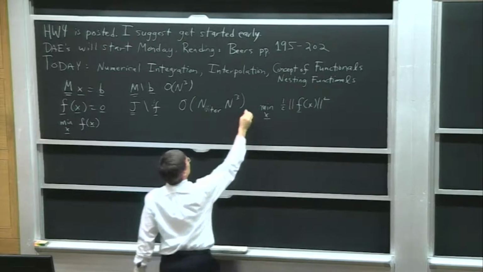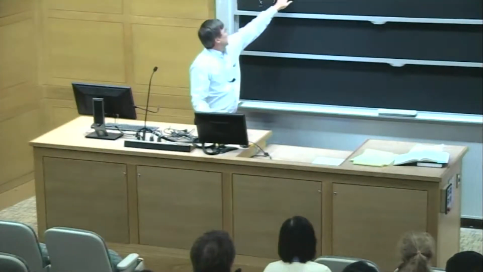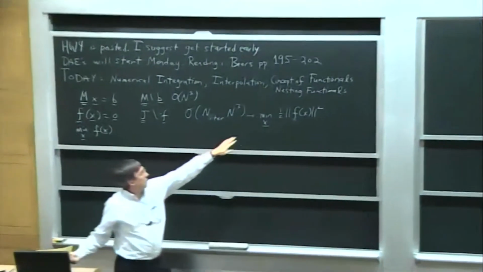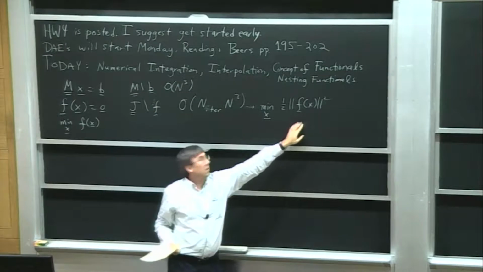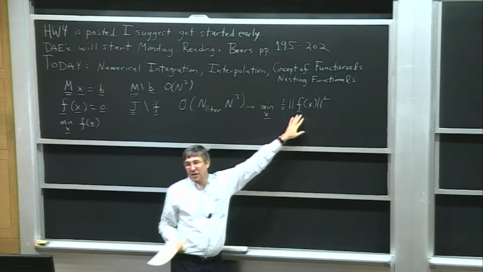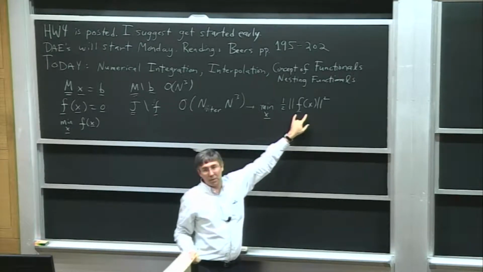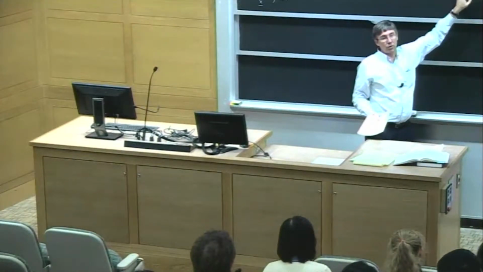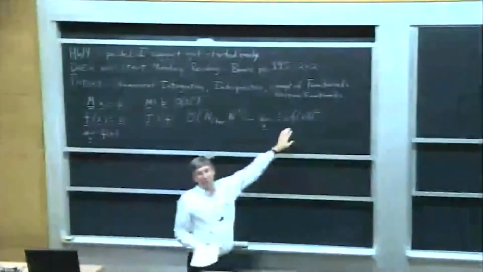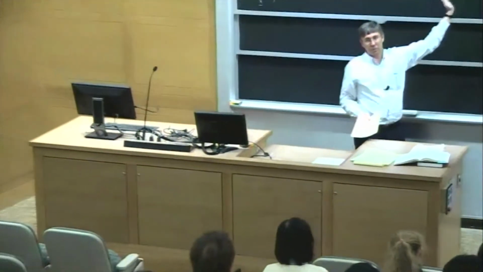That's really what we ended up doing. That's what happens inside fsolve: it converts the problem of finding f(x) equals 0 into a minimization problem to try to make the norm of f as small as possible, because the answer will be when the norm is 0. And if f(x) equals 0 has a solution, then the global minimum here is a solution. As long as your initial guess is good enough that you're in the valley that leads to the true minimum, then this will work. And that's actually what fsolve does.